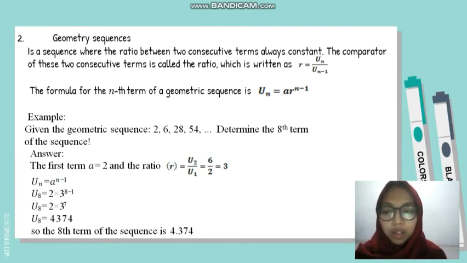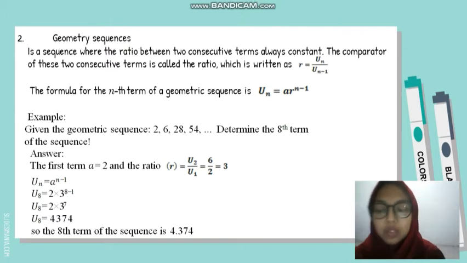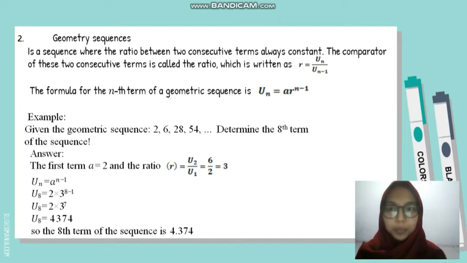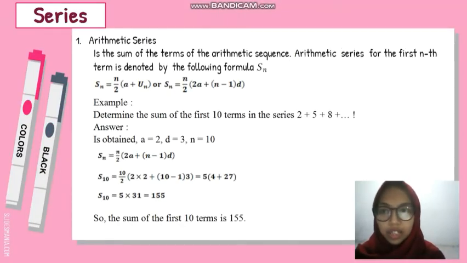So u sub 8 equals 2 times 3 to the power 8 minus 1. u sub 8 equals 2 times 3 to the power 7. u sub 8 equals 4,374. So the 8th term of the sequence is 4,374.